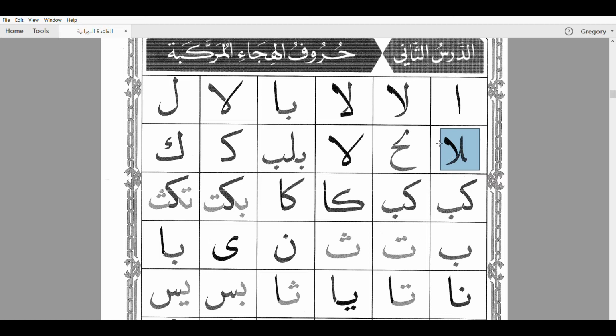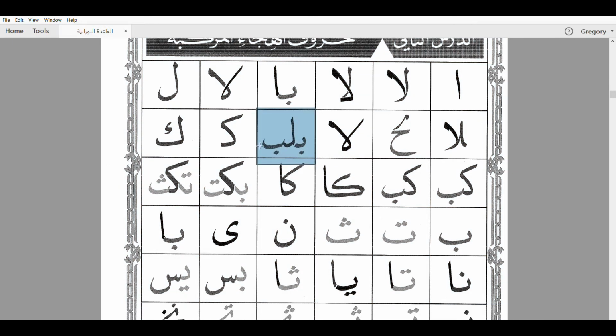Means no, or negate something, not. That's the same thing you said here, right? Yeah, this one is connected down here. You see that? It's connected right there. This one, ba, a lam, and a ba. So we're just going to say it like that. Ba, la, ba.